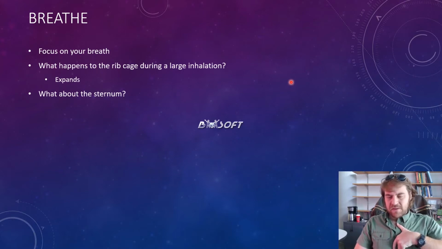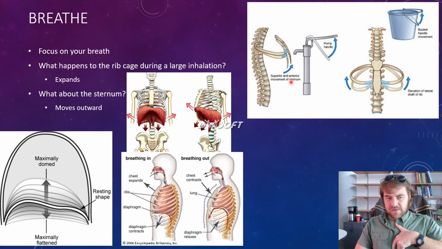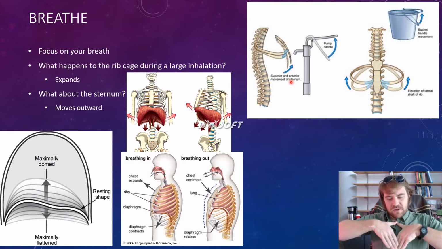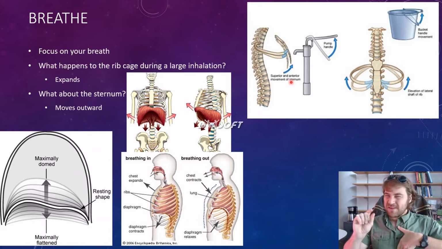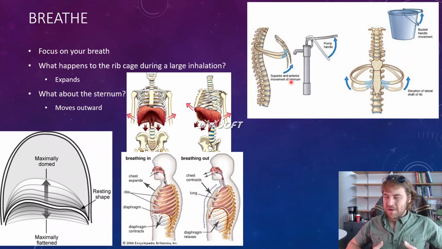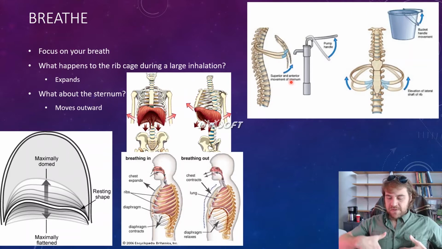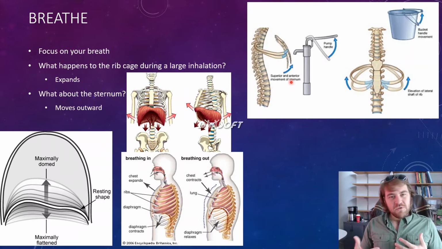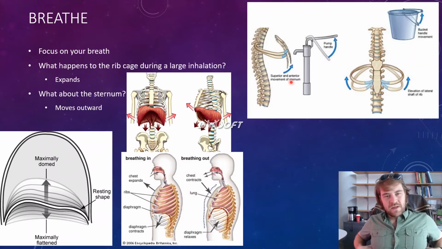I'm not sure you can feel it exactly, but you should be able to feel it moving outward a bit, kind of hinging, maybe up and out. I can feel mine a little. If you feel right down here at the very end of the sternum, you can feel it move out just a little bit. It's not a huge movement. It's not nearly as noticeable as the ribs, but the ribs move a lot, and the sternum moves a little bit.